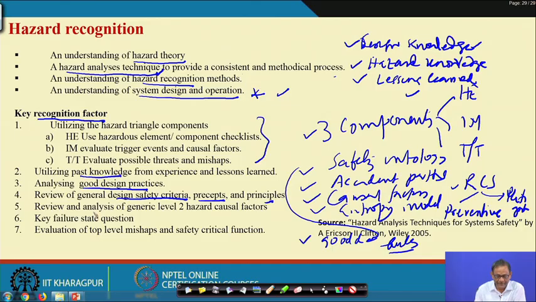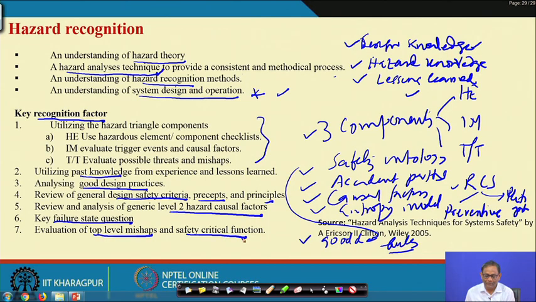Review of analysis of generic level 2 causal factors, level 2 meaning all the system related factors. Key failure state questions, evaluation of top level accidents and safety critical functions. Some of the things you have understood now, some of the things will follow.